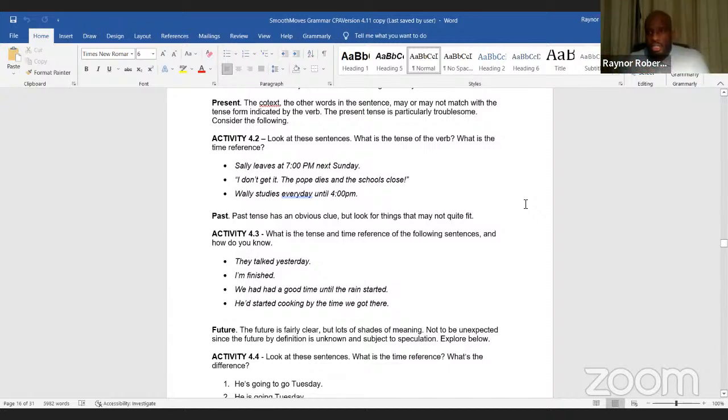So again, it's these different events occurring in the past. He started cooking. We weren't there yet, and he had already started cooking before we got there. So it's to indicate and emphasize these different events that started and stopped in the past.